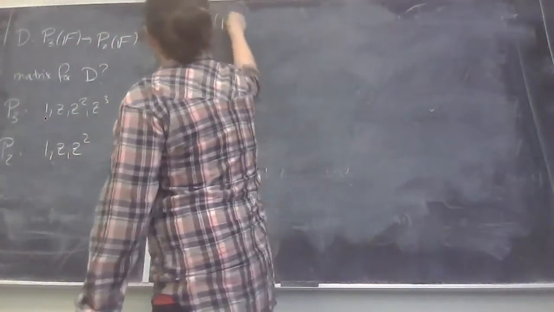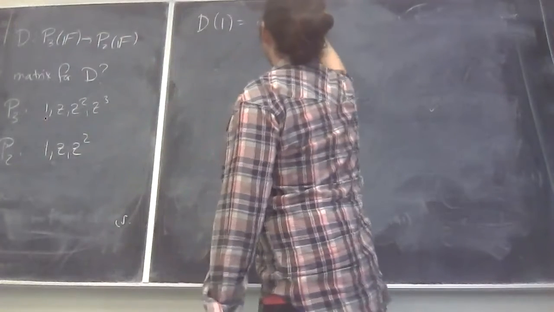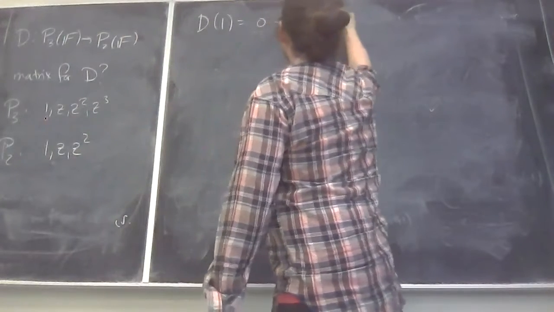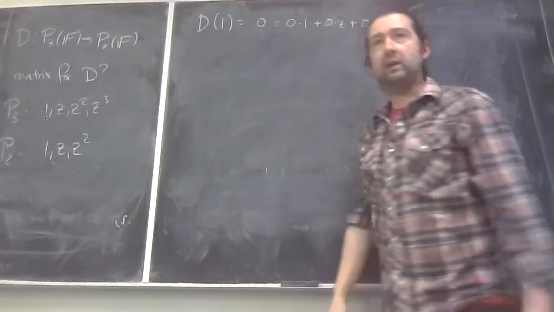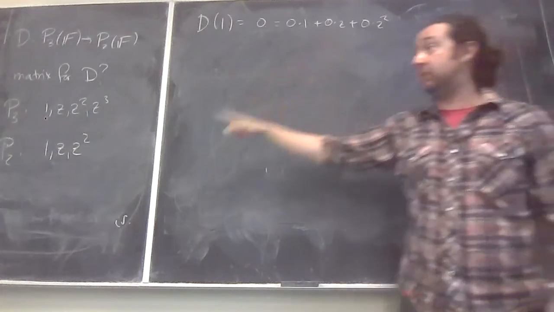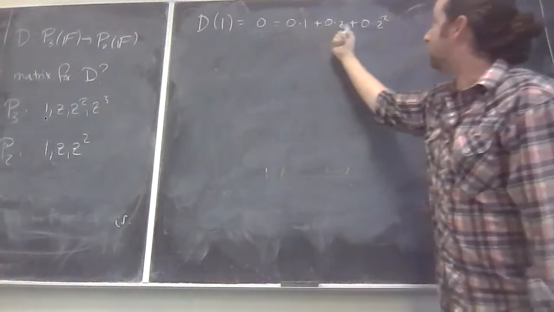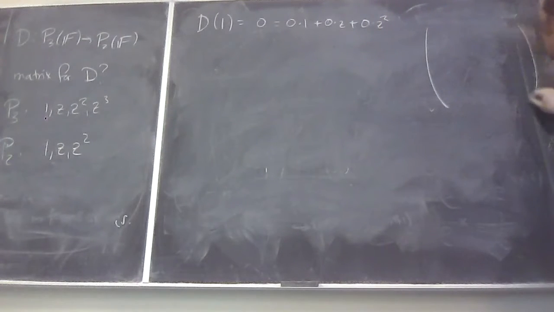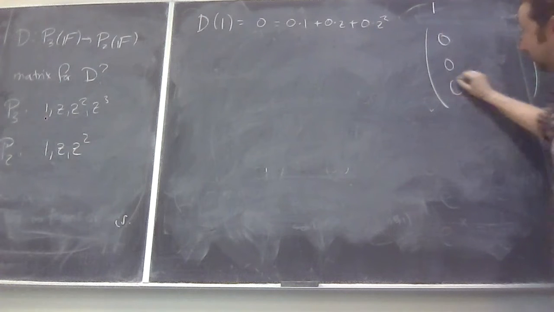D of 1 is, oh, well, that's not very interesting. So that's 0 times 1 and 0 times Z and 0 times Z squared. Why did I do that? I have to write the output as a linear combination in the basis for the output space. So now let's record the matrix. The column that corresponded to 1 turned into 3 zeros.